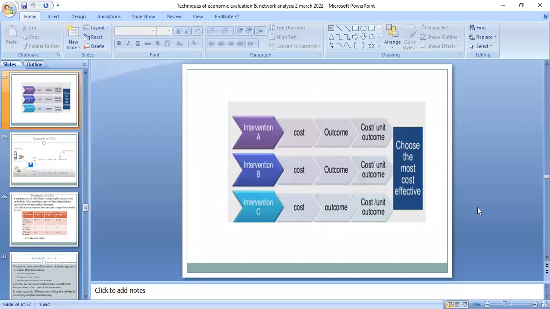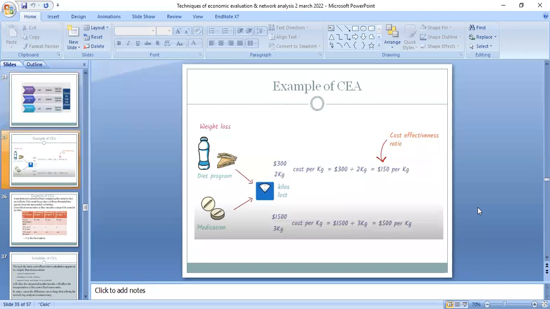Now this is the graphical representation of how the cost effectiveness will be calculated for different options available. This is an example of a cost effectiveness analysis. For example, we want to assess the cost effectiveness ratio of weight loss for different types of programs, for example, diet program and medication.